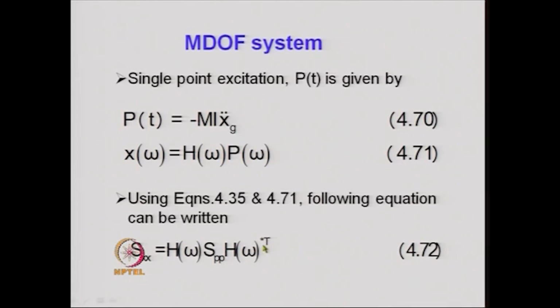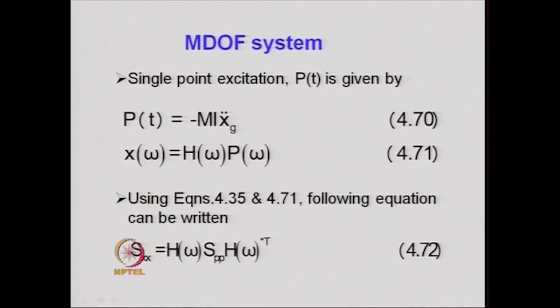In the case of the single degree of freedom system, if you recall, we could write it as small h omega multiplied by SPP multiplied by small h omega star, and this h omega times h omega star becomes the absolute value of h omega squared. If h omega is a matrix, then we have to take the transpose of the complex conjugate of the matrix h omega. So then only it will become the absolute value squared.